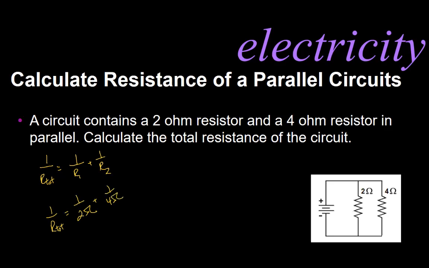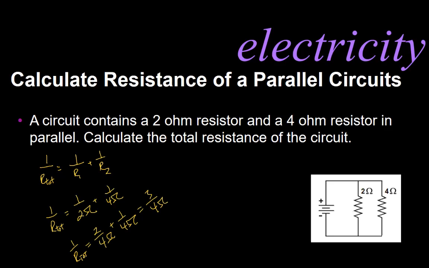Now, in order to add these together, we have to get the least common denominator. So we're going to multiply this by 2. That's 1 over R total equals 2 over 4 plus 1 over 4, which equals 3 over 4 ohms.